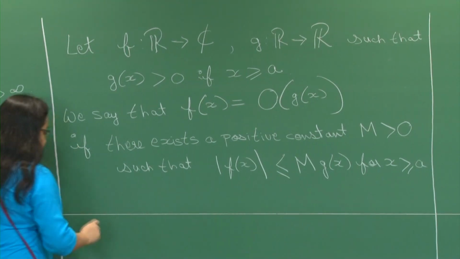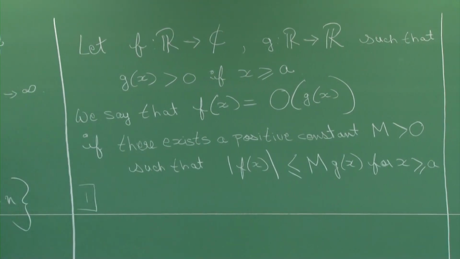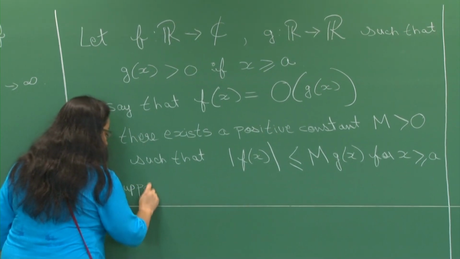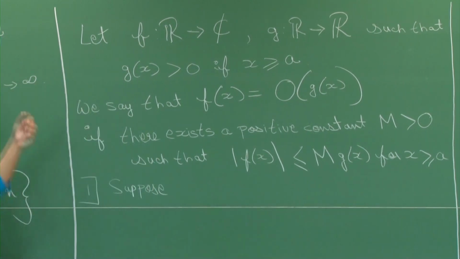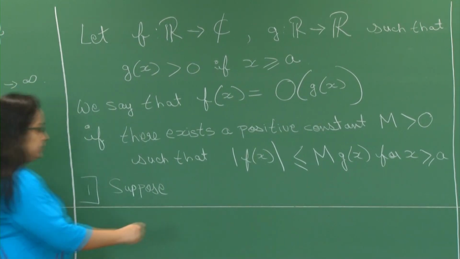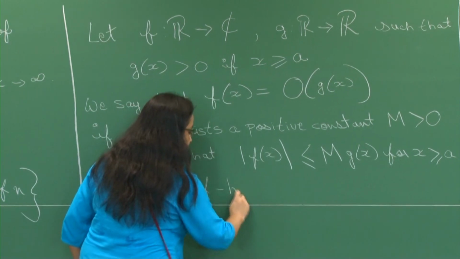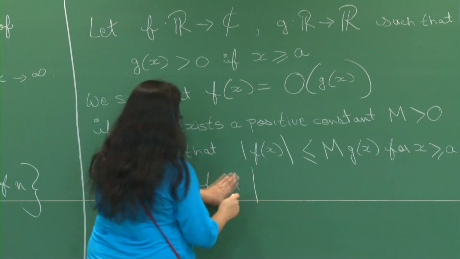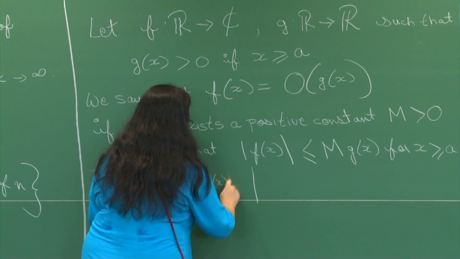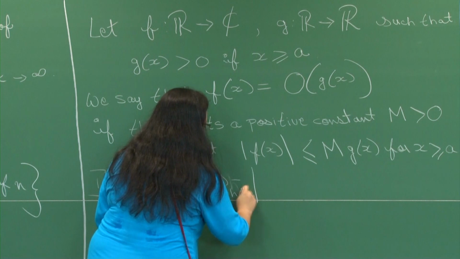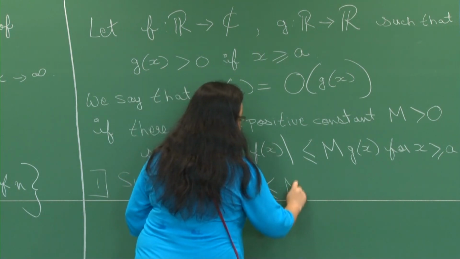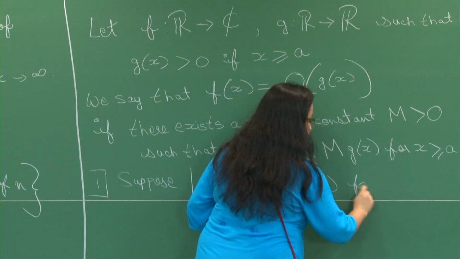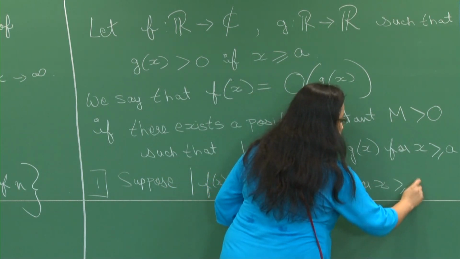I want to make two observations about this symbol. Firstly, suppose you have two functions, say f and h, such that the absolute value of f minus h is less than or equal to some m times g of x for x greater than or equal to a.